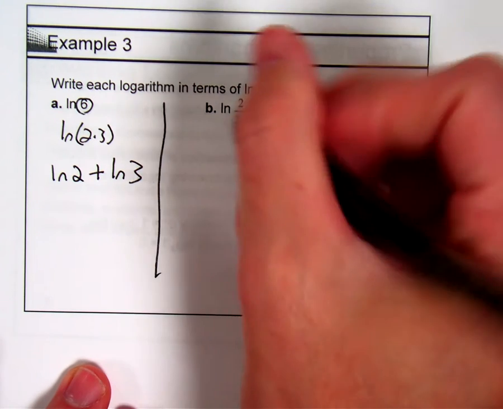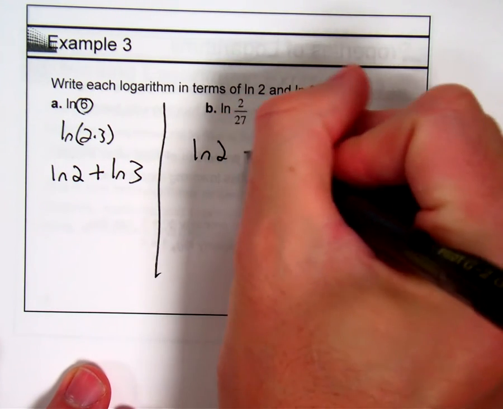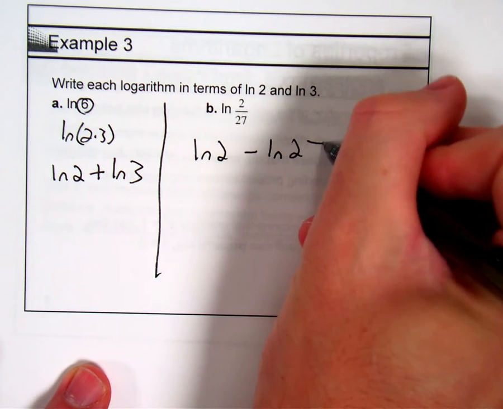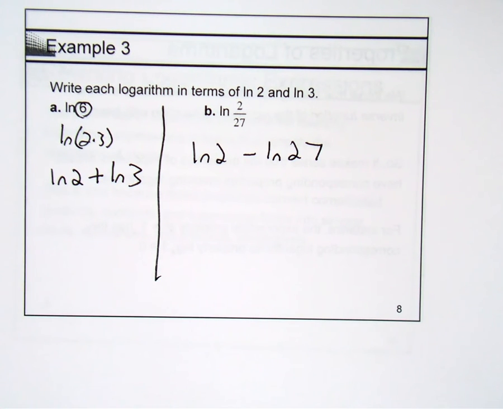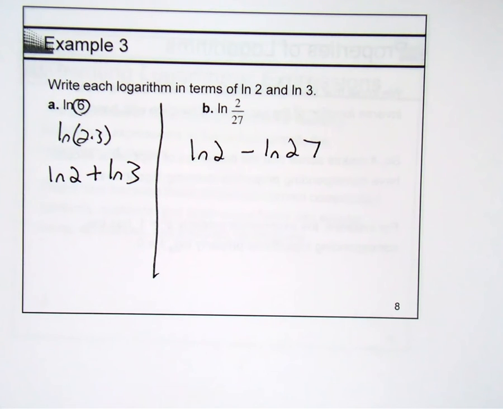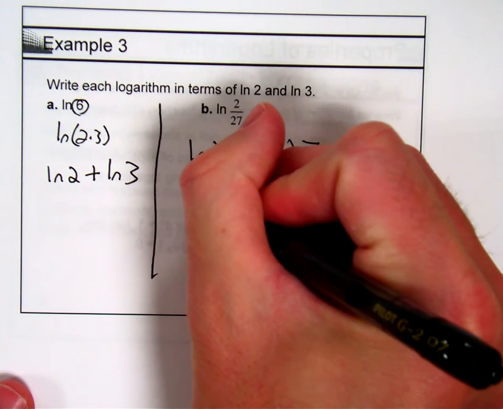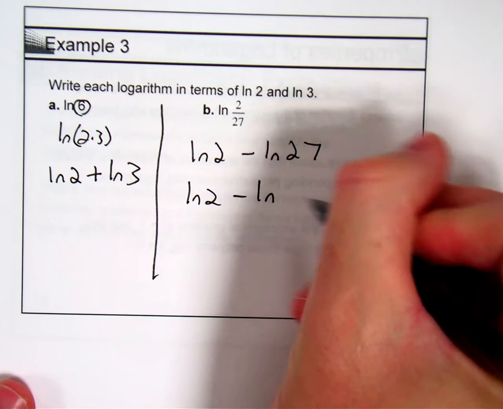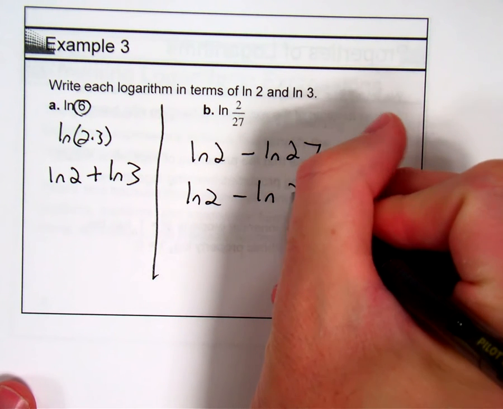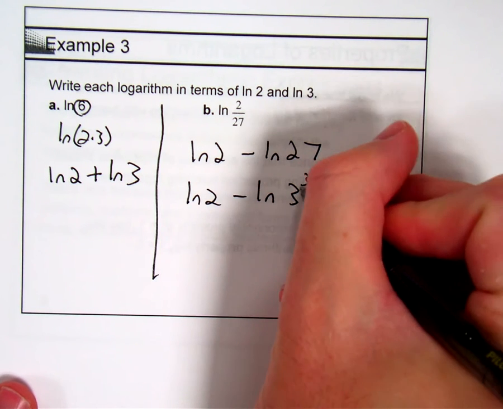Okay, what about this one? Division. So we can separate those out with subtraction, natural log of 2 minus natural log of 27. Done, right? Not so fast. We want all 2's and 3's. 27 is going to be natural log of 3 to the 3rd power.